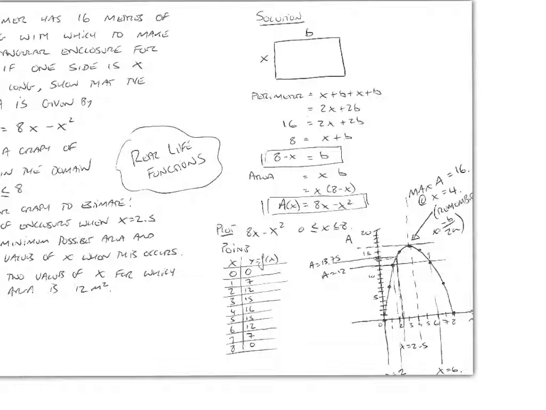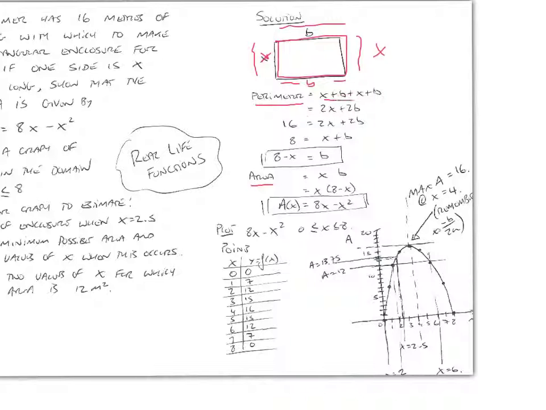So we draw a rectangle, and we know that one side is x, so we'll call the other side b. When we consider a rectangle, often we consider the perimeter and the area. The perimeter is this side plus this side plus this side, which is x, plus this side, which is b.